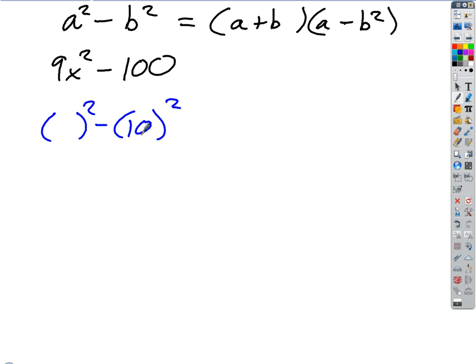It's got to be a 3x because when I apply the properties of exponents, if I square 3x, I have to distribute the squared to both parts: 3 squared is 9 and x squared is x squared. You get that? So that's my a and that's my b. So what's the answer going to be if I fit this pattern? What does a plus b look like? Yeah, 3x plus 10. What does a minus b look like?